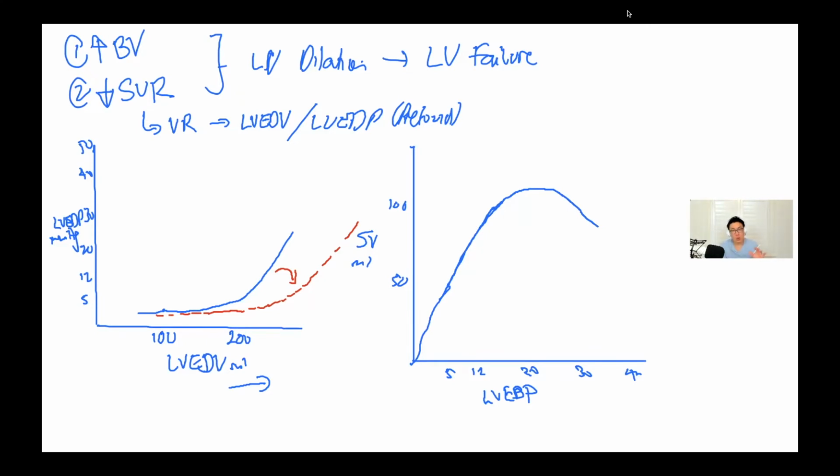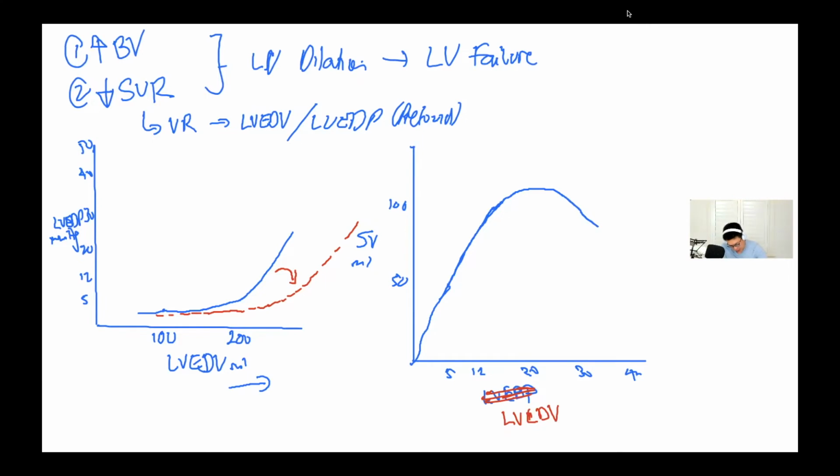Now, what's interesting is that the goal of the left ventricular dilation is for it to maintain this shape of this curve here. Now, if I was to draw this, instead of left ventricular end-diastolic pressure, I have left ventricular end-diastolic volume.